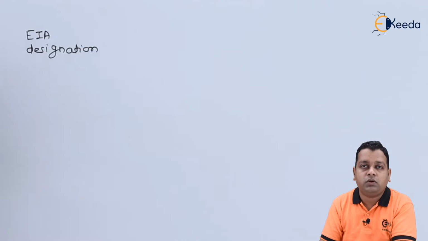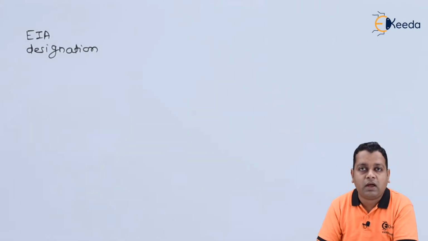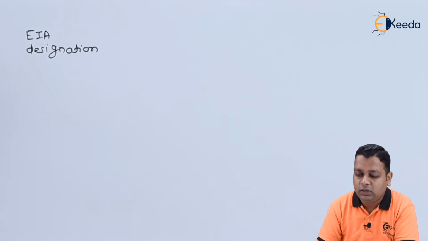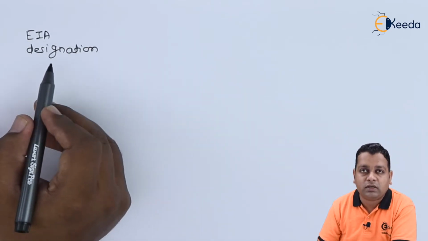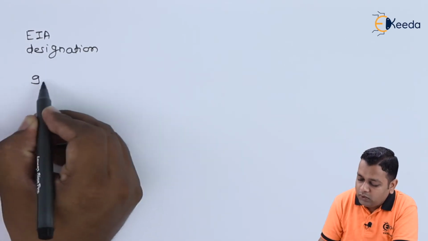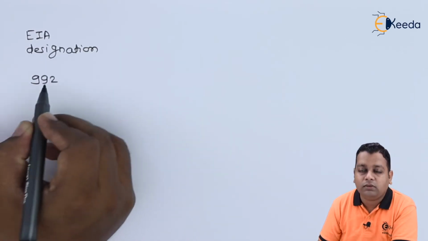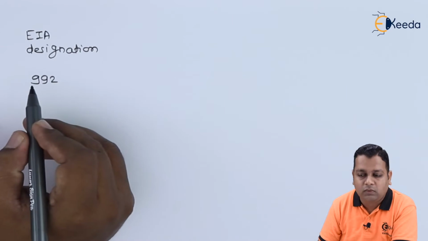So corresponding to a particular frequency and the dimension of the circular waveguide, the combination, the device, it is a passive device, is designated by a certain number. So for example, we have 992 number of circular waveguide.